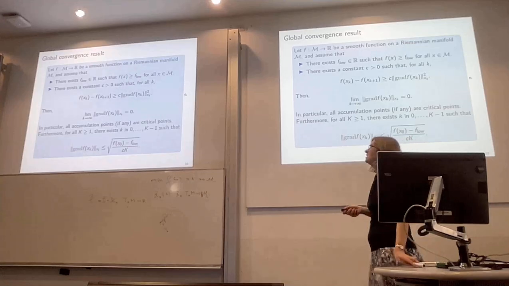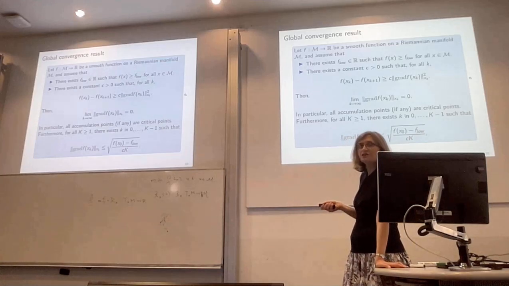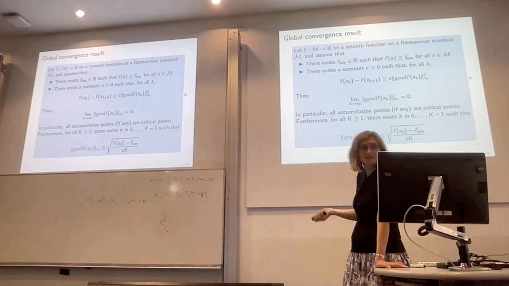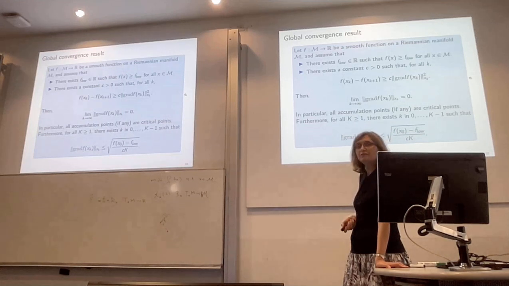Furthermore, we can give something called the global rate of convergence. Maybe you have heard of this. Many people often try to do non-asymptotic rates, global rates of convergence. So in this case, what you can say is that you are guaranteed to be able to decrease your Riemannian gradient at the rate of 1 over square root of k, where k is your iteration count.